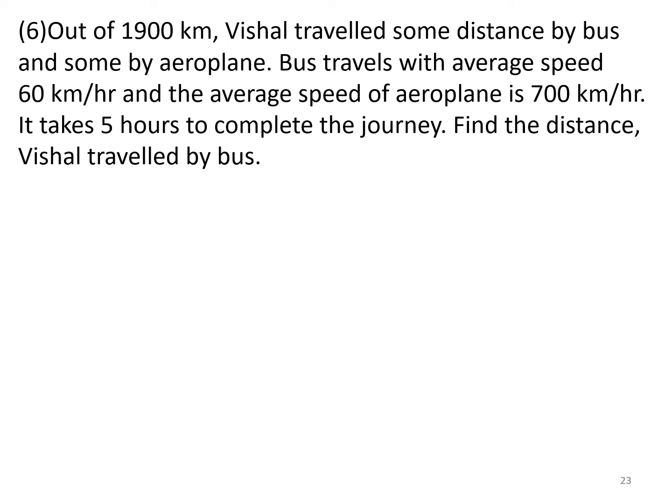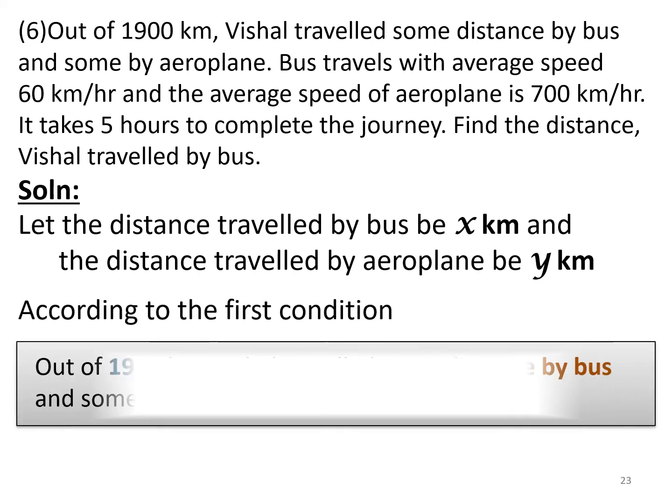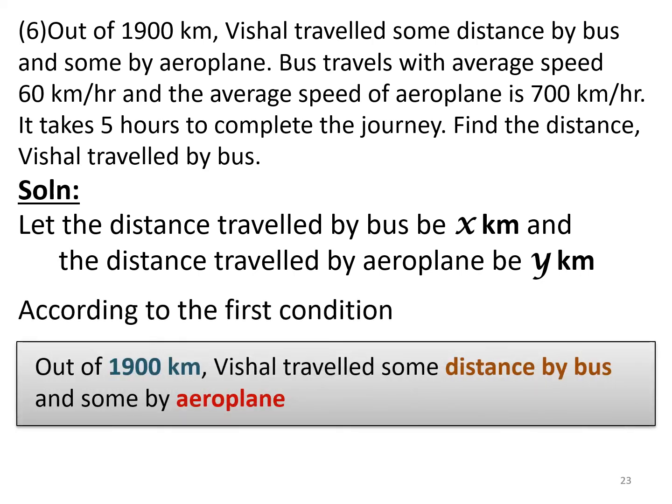The question looks very big and lengthy, but it's quite simple. Solution. Let the distance travelled by the bus be x kilometers and the distance travelled by the aeroplane be y kilometers. Now what is the first condition? Out of 1900 kilometers, Vishal travelled some distance by bus and some by aeroplane.